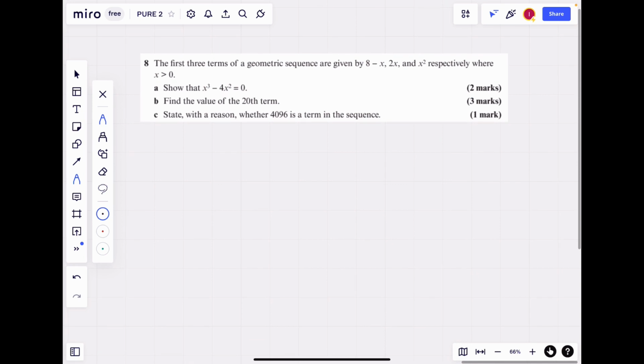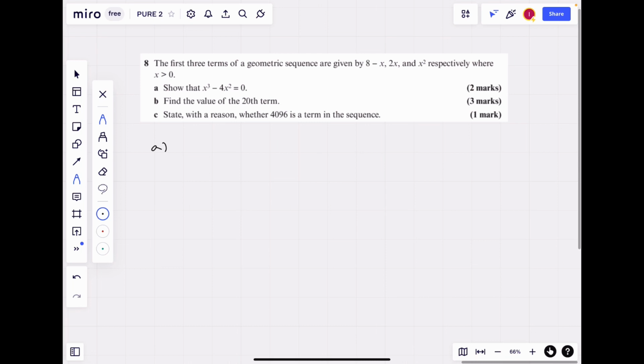So, question 8. I want you to give that a shot for me, please. If you happen to have the Edexcel book, example 10 on page 68 will be very useful in this scenario. For A, it says, show that x cubed minus 4x squared equals 0.